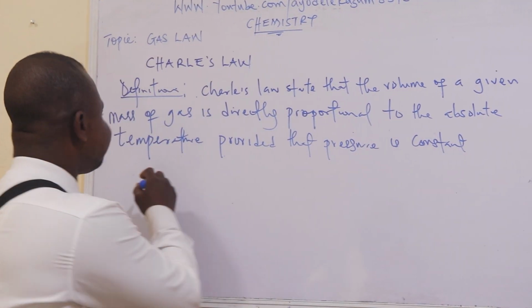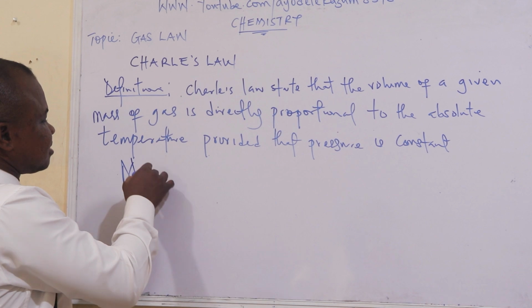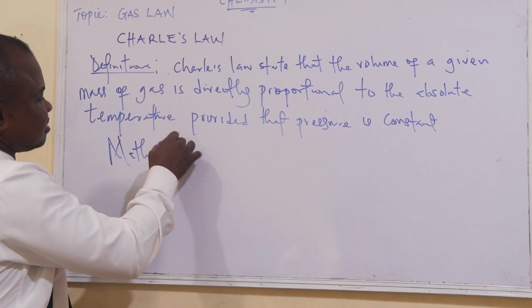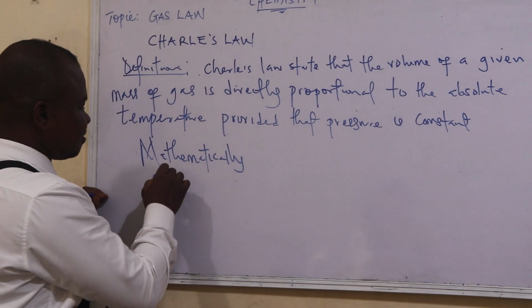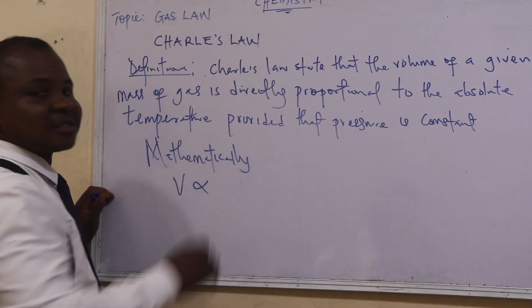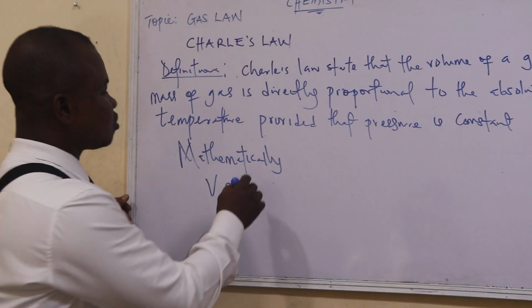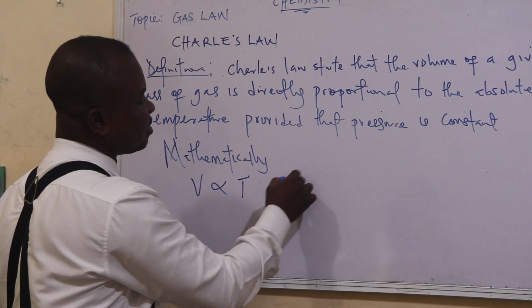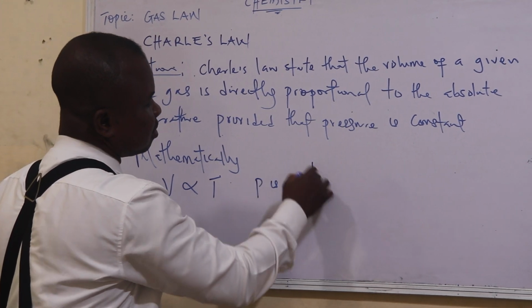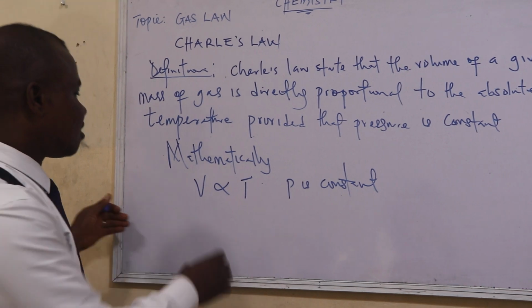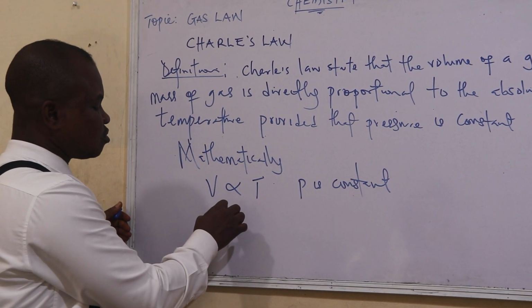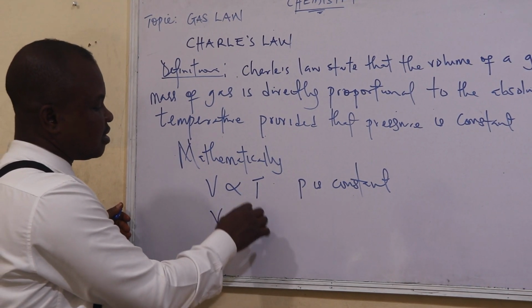Now, mathematically, let's look at it. Mathematically, we discover that V is directly proportional to T, while P is constant. Introducing proportionality constant K, you're going to have V equals KT.